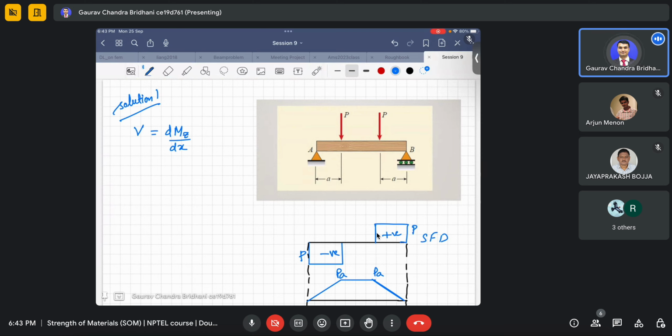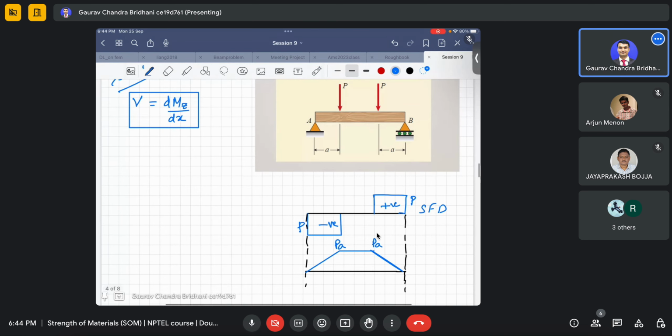V is nothing but the derivative, or slope, of the bending moment. So if your bending moment is constant, what is the derivative of a constant? 0. That's why the shear force is 0 between these two loads. Why? Because the bending moment is constant. So basically between these two loads, the beam is subjected to pure bending moment.